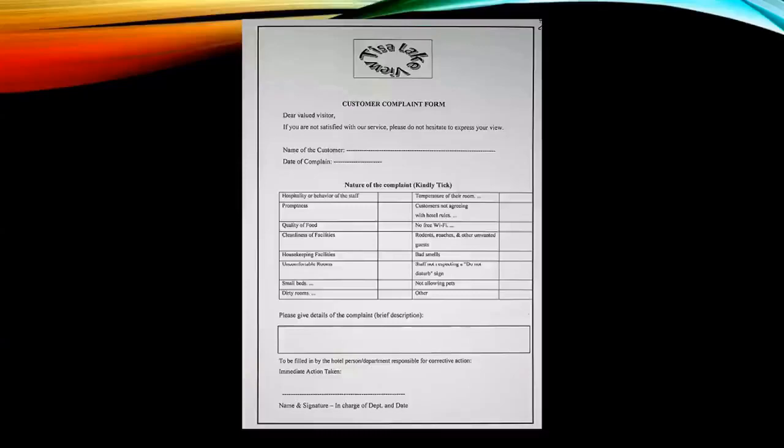Here you know that they have prepared a check sheet to collect the data. There are different kinds of check sheets.